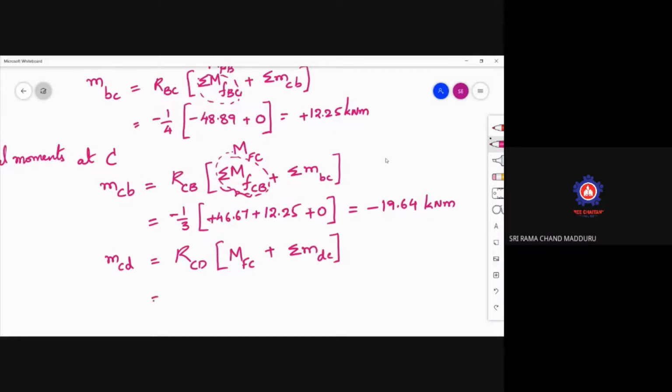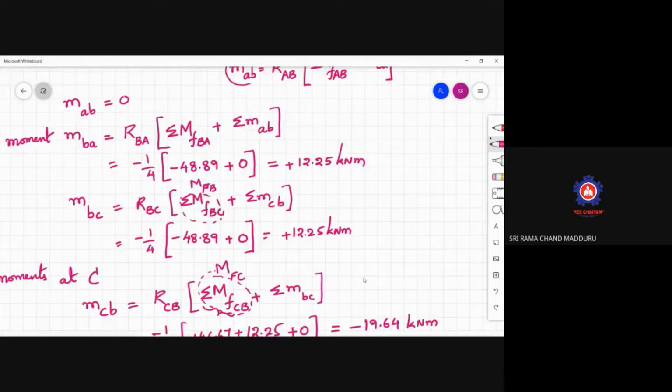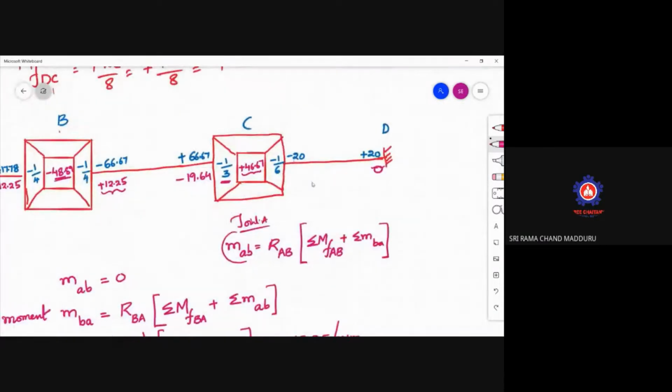Now while writing here, RCD, the rotational factor for CD, is minus 1/6 into MFC, which is plus 46.67 plus 46.67. Now you are writing the summation of the rotational moments at the far end for C. Summation of rotation, see this one, sigma MCD, sigma MDC.